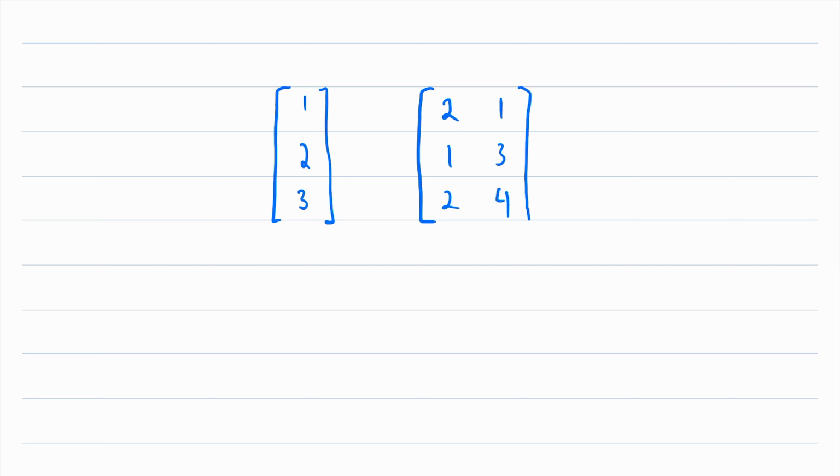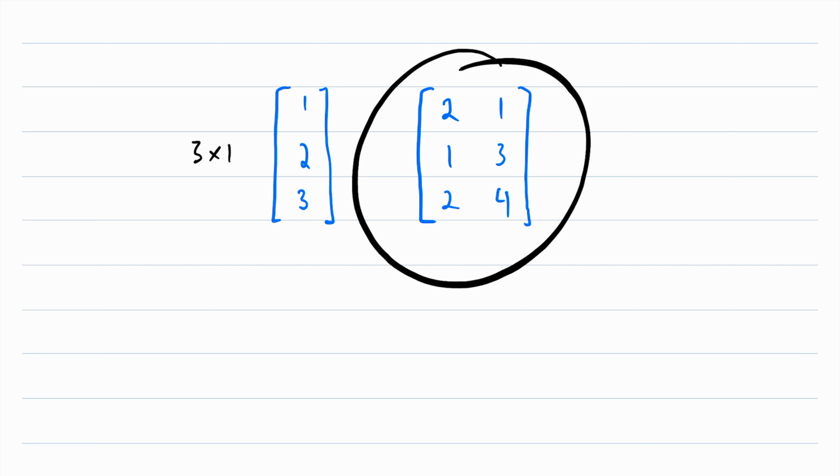First, it's important to know that we can only add matrices that have the exact same dimensions. So here's an example where we would not be able to add these two matrices. These two matrices do not have the exact same dimensions, so we cannot add them. The dimensions of this matrix here are 3 by 1, because it has 3 rows and 1 column.